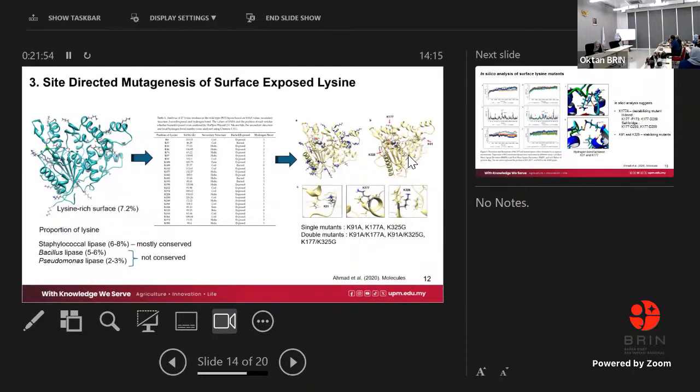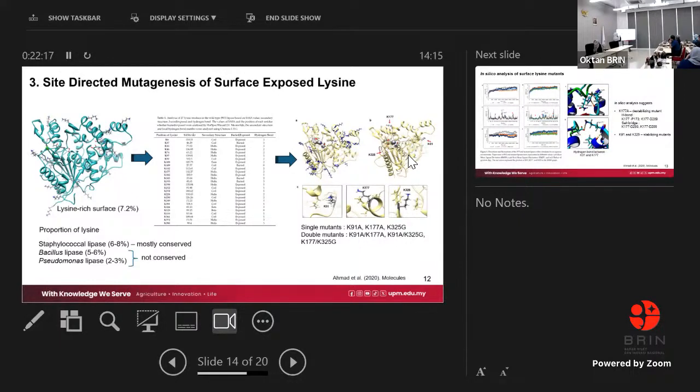Interestingly, when we compared the proportion of lysine between staphylococcal lipase and other bacterial lipases, staphylococcal lipases have many lysines in the sequence, and most of the lysines are conserved, but not for Bacillus lipase and Pseudomonas lipase.